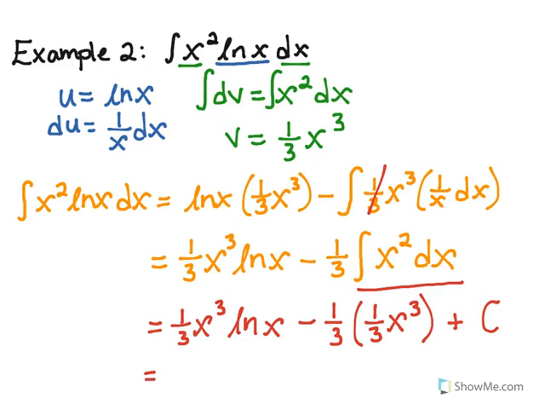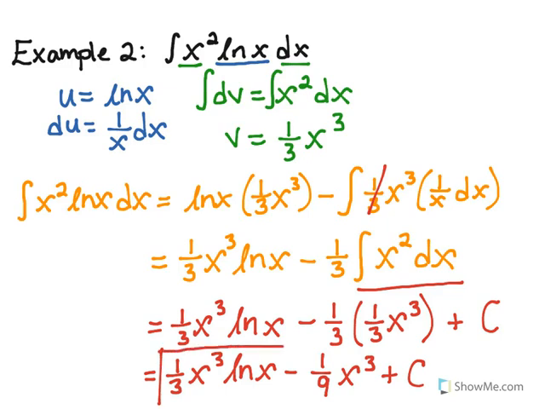So my final answer here is going to be 1/3 x cubed ln x minus 1/9 x cubed plus c. And again, I could check my answer by finding the derivative, which would require the product rule, which is why we're not going to bother doing it out.